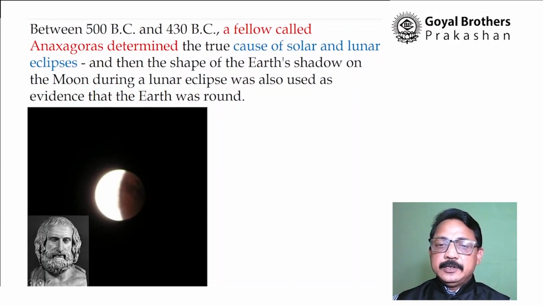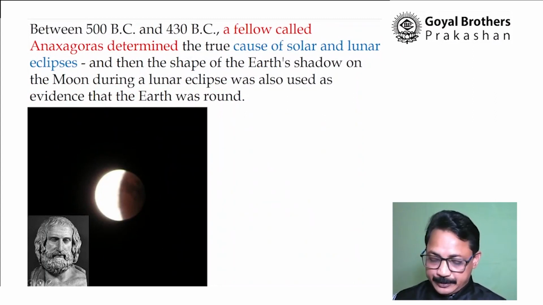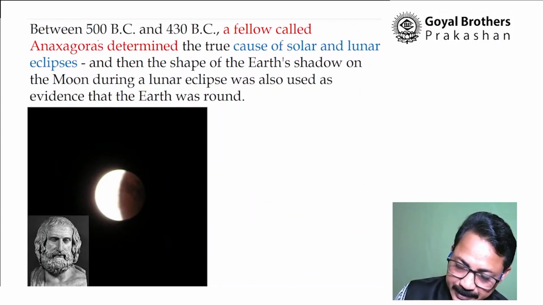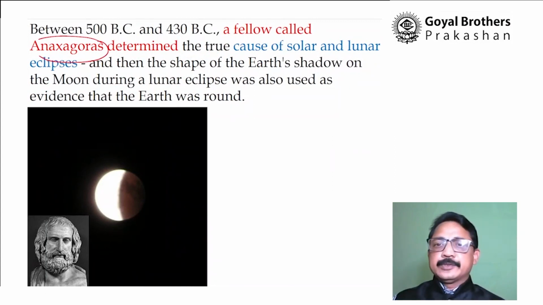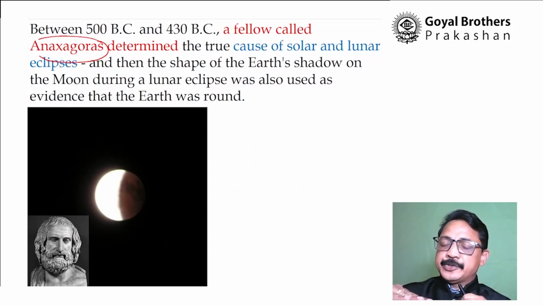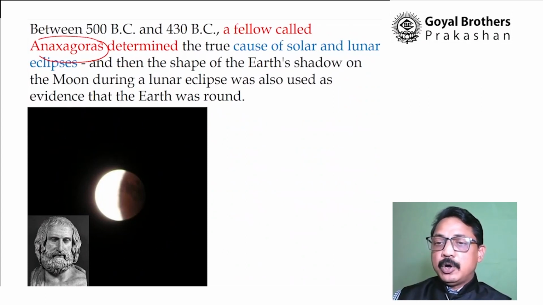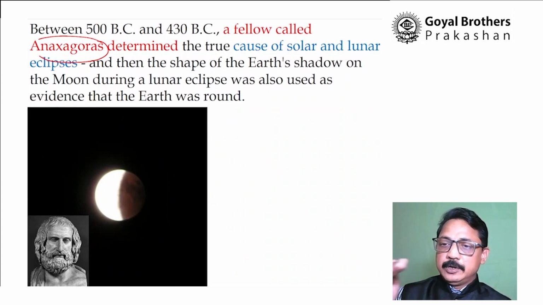Then there was another very famous person, dear student. You can see his picture. His name is Anaxagoras, and this Anaxagoras was able to find out the reason for an eclipse. During an eclipse, Earth casts its shadow on the Moon, or the Moon casts its shadow on Earth.